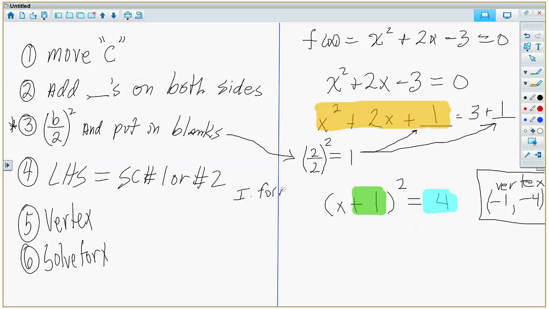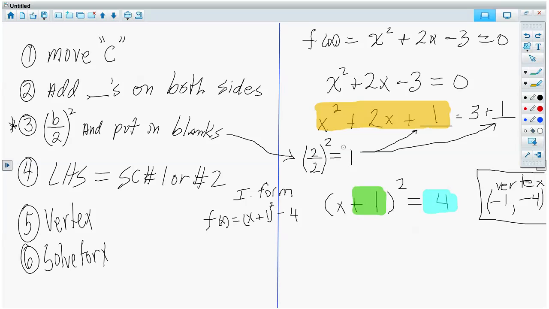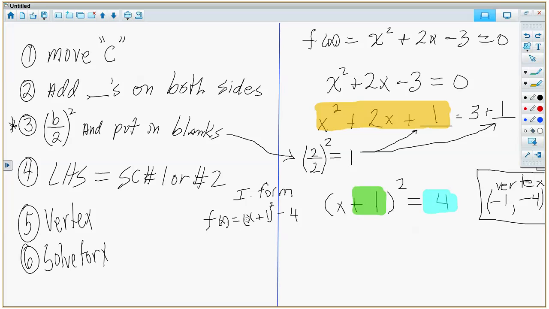They're going to ask for intercept form, which means f of x is equal to x plus 1 quantity squared, and then I bring that 4 over. That is called intercept form, because it's f of x is equal to a times x plus h quantity squared plus k. It's in that form.